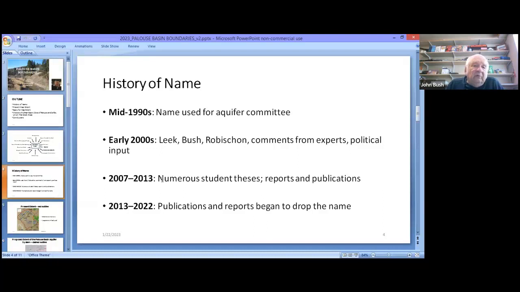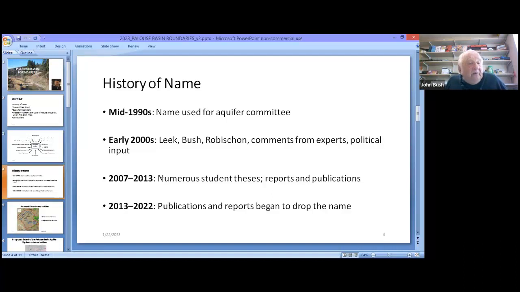Somewhere from 2007 to 2013, a lot of publications from research supported in part or in whole by PBAC created numerous student theses, reports, and publications. Some of these got peer review, and the term Palouse Basin was used throughout, a very common word in the Moscow-Pullman area now.